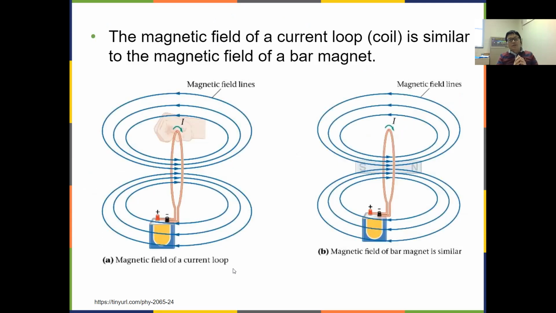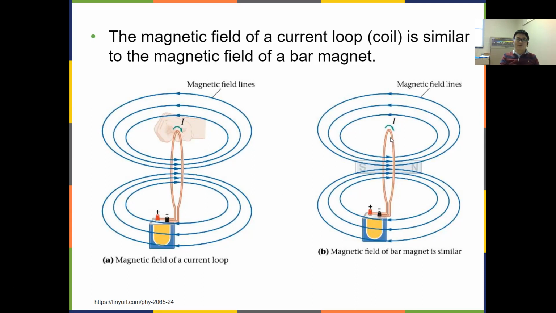So we have looked at two wires close to each other. Now, what if you have two loops? For one loop you get the magnetic field, and you can use your right hand rule: if you know the direction of the current, it gives the field.